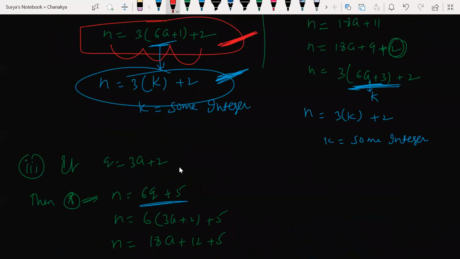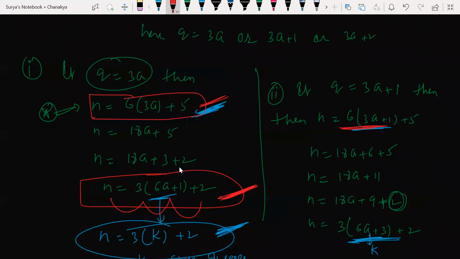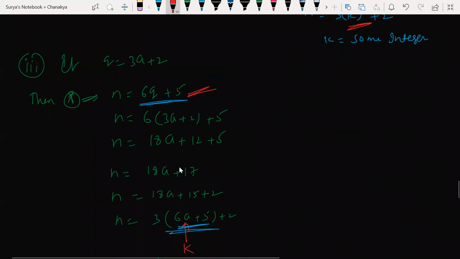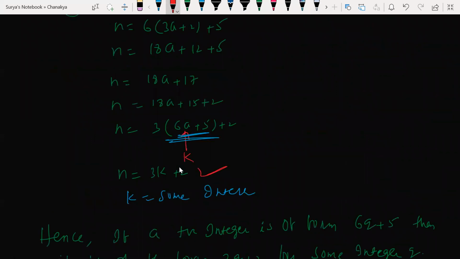The n value given to you is 6q plus 5. Here also the n value is given as 6q plus 5. If I take this form, I'm getting my answer as 3q plus 2, 3q plus 2, check. And here also, if n value is this one, what is my form I was getting? 3q plus 2. Look at this, 3k plus 2.